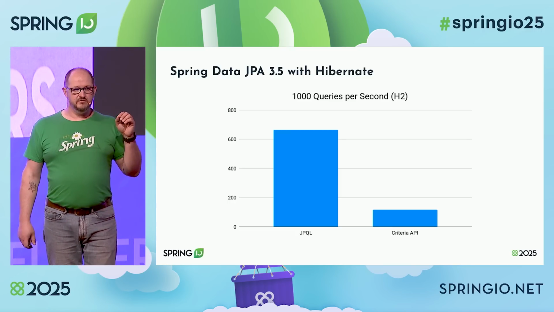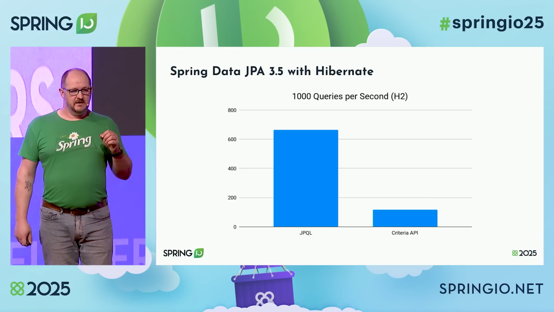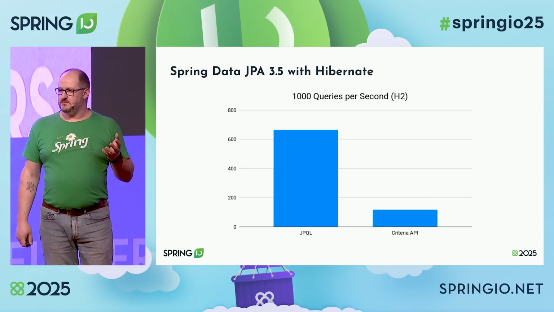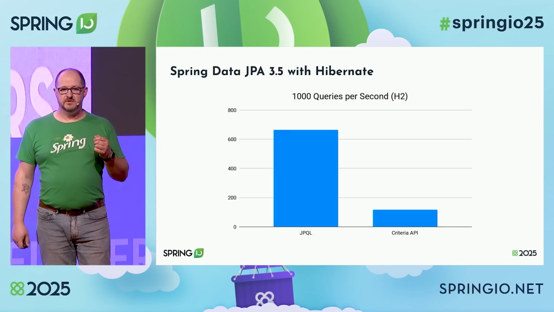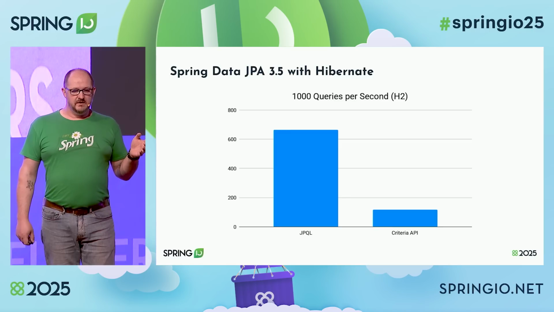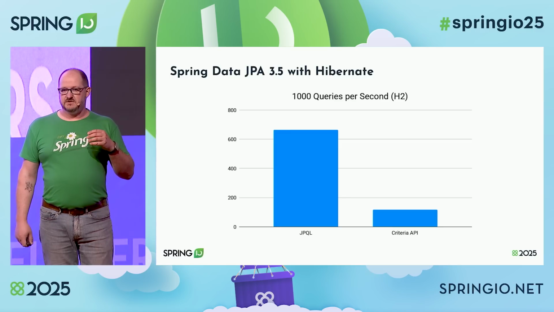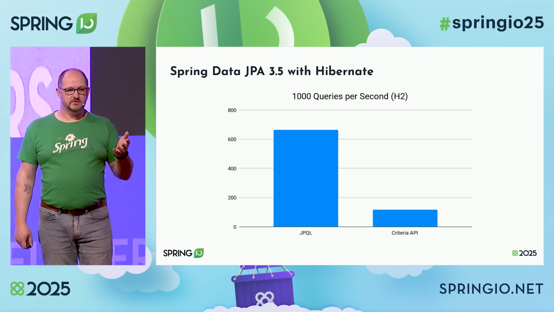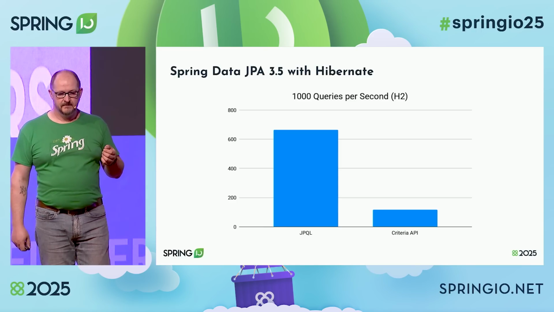But if you decide to formulate your query as a string, you get like 6 times the performance. And that is also measurable in production. If you compare the criteria API against string-based queries, then criteria-based queries run about 25% slower on your Postgres, on your network database, what have you, right?